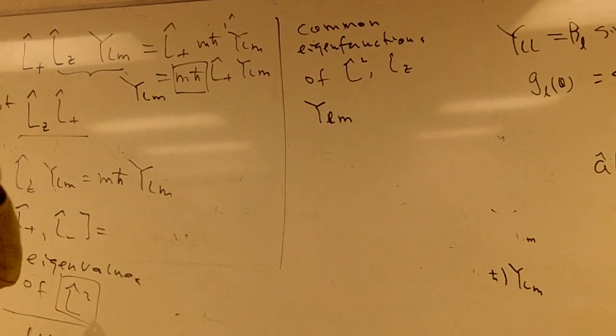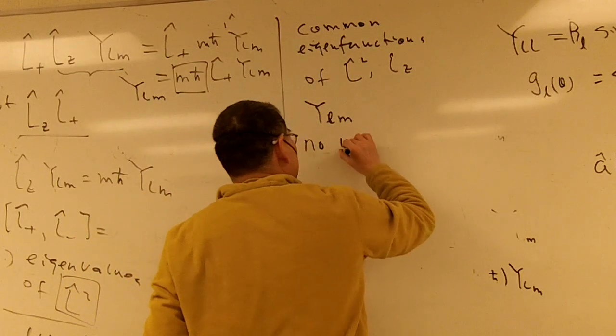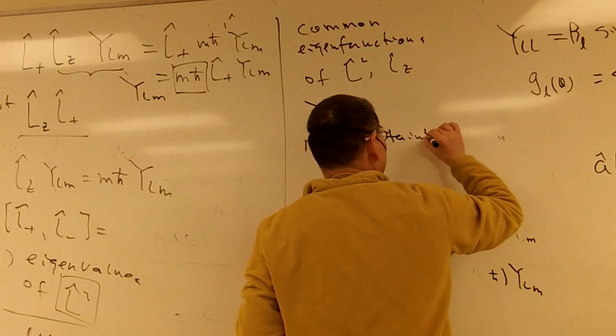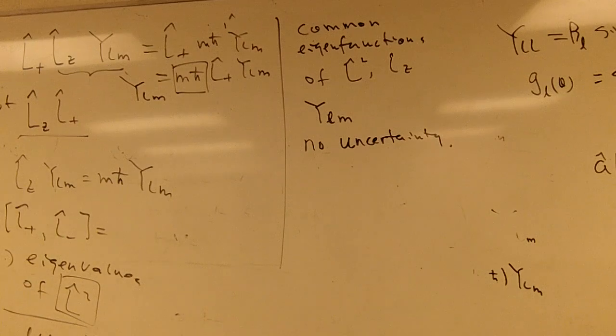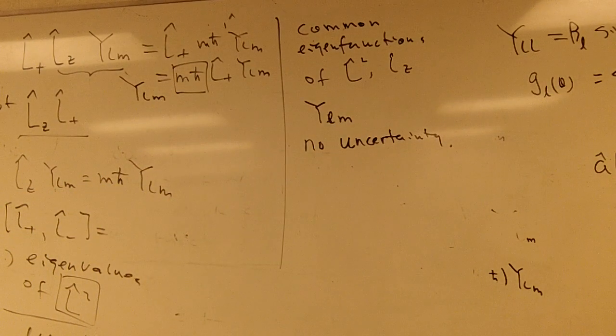Now when you have an eigenfunction, there will be no uncertainty whatsoever. Because for an eigenstate, remember, there's 0 uncertainty. If you made the measurement 10 times, you get the exact same result. You won't see a different result.